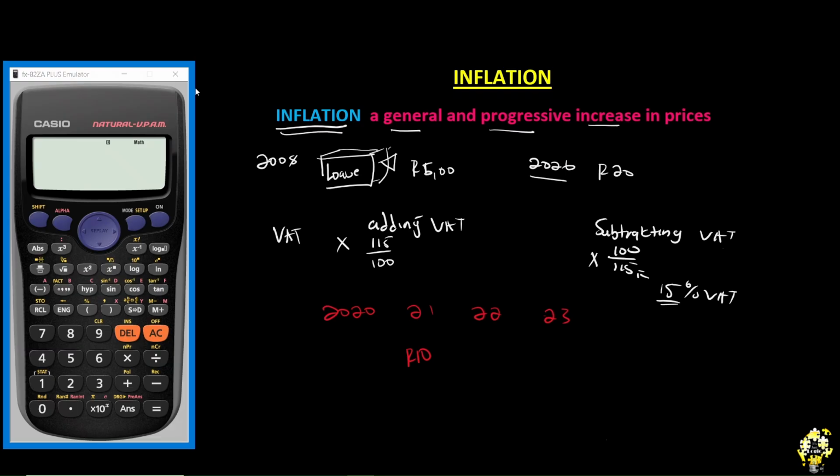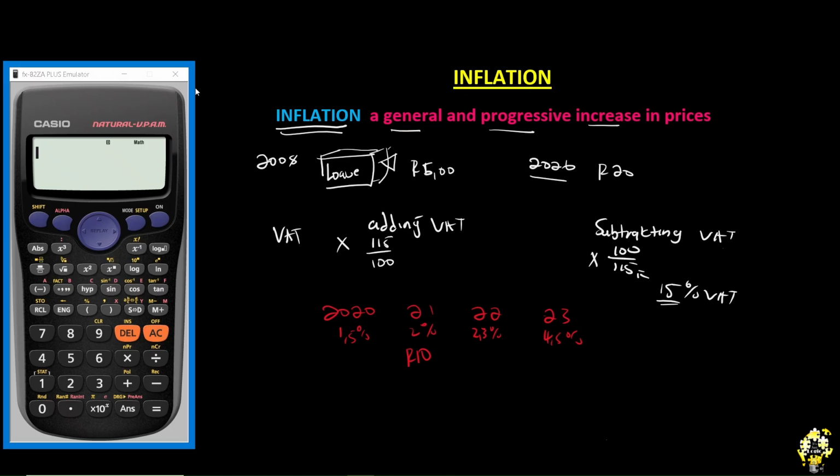So maybe we are also given inflation percentages. Here we can say 1.5%. Here we can say 2%. For 2022, we can say 2.3%. And then here we can say 4.5%. It's fine, it's just random numbers. So these are the inflation rates that took place between those respective years.